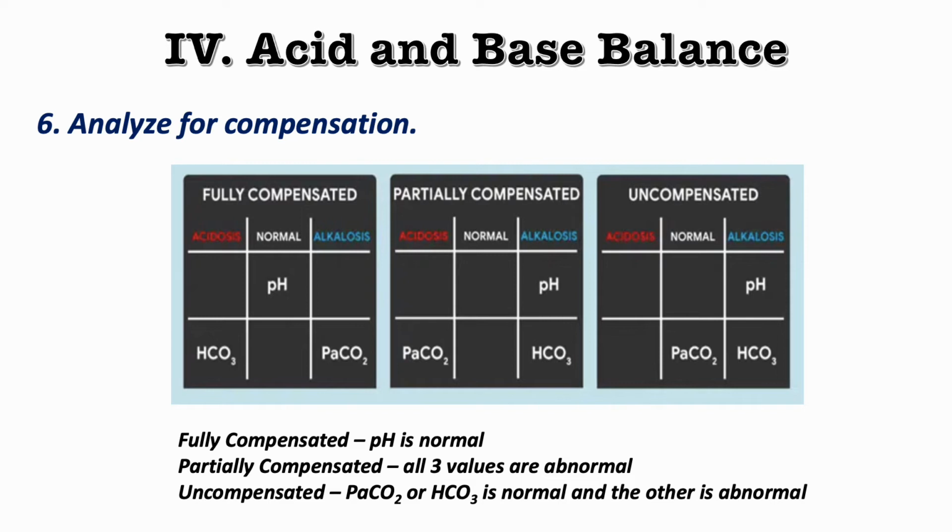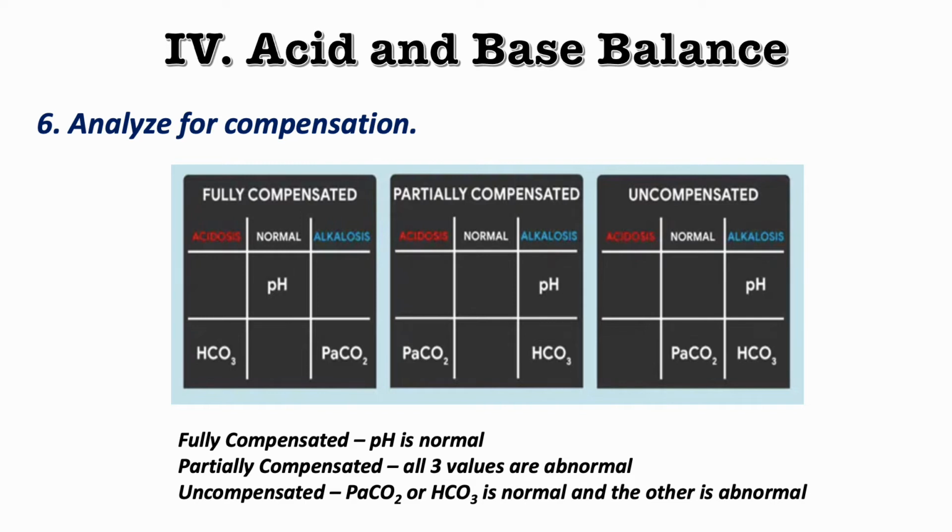Next, if partially compensated, all three values are abnormal. So in this table, we can see pH and HCO3 are both alkalosis. So the interpretation here is metabolic alkalosis, but partially compensated because the other value, PaCO2, is also abnormal, which is acidosis.